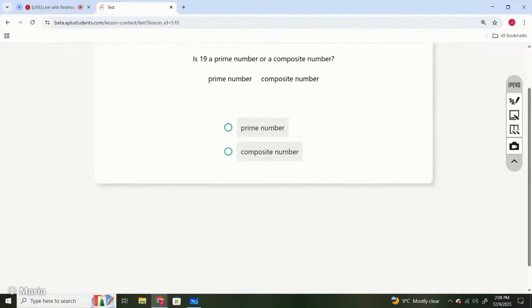So 14 is a composite number. Is 19 a prime number or a composite number? 19 is a prime number. 19 has only two factors, so that is a prime number.